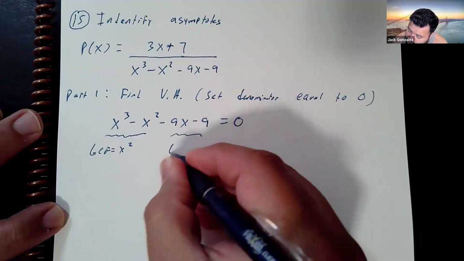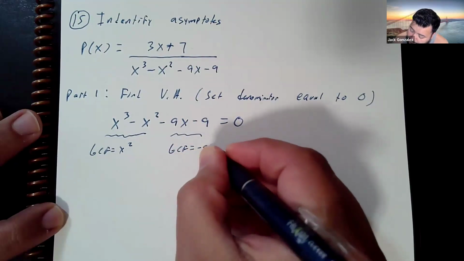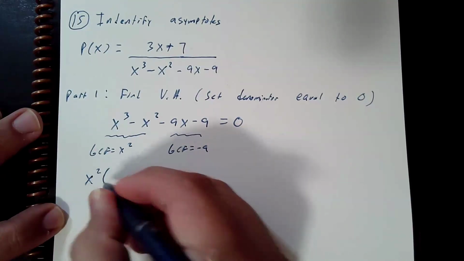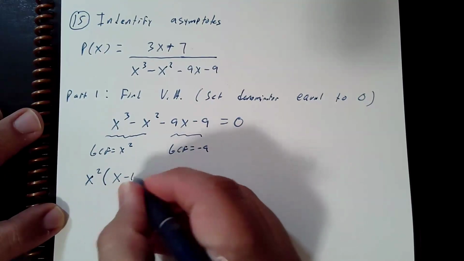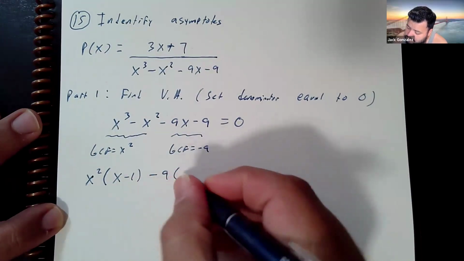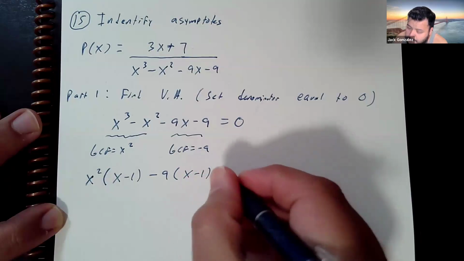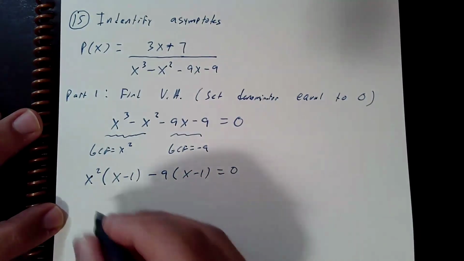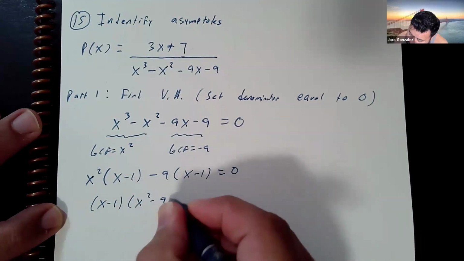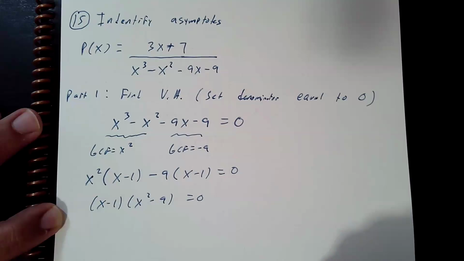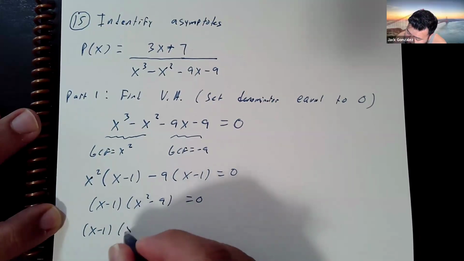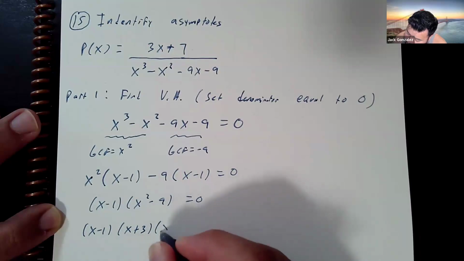These two have a GCF of -9. So factor out the x squared and the -9, then factor out x minus 1, and we end up with this. And then this is the difference of squares, so we end up with 3 total factors.